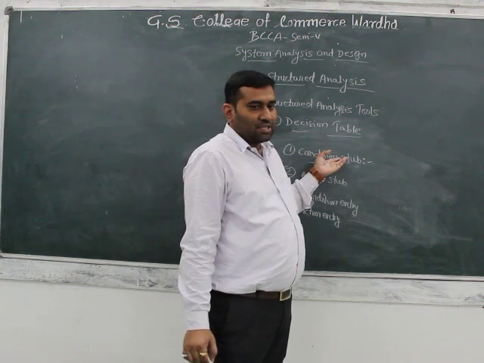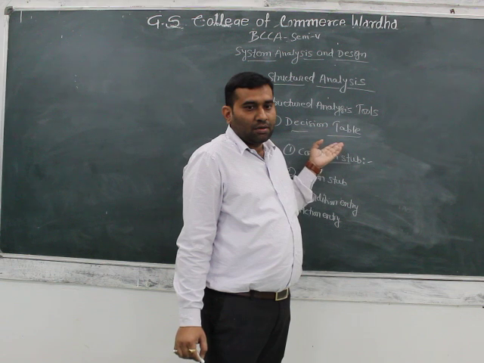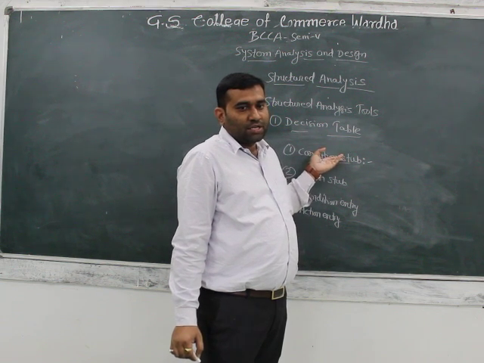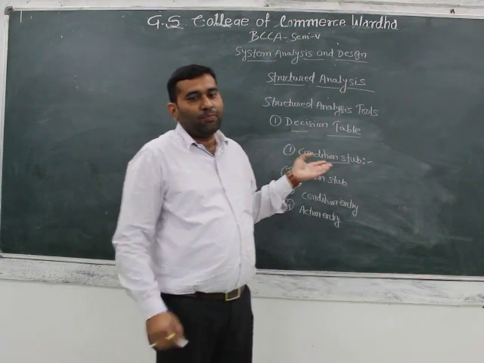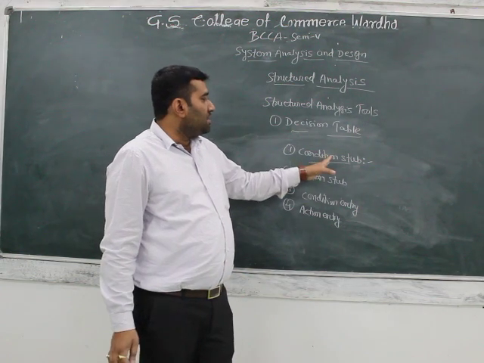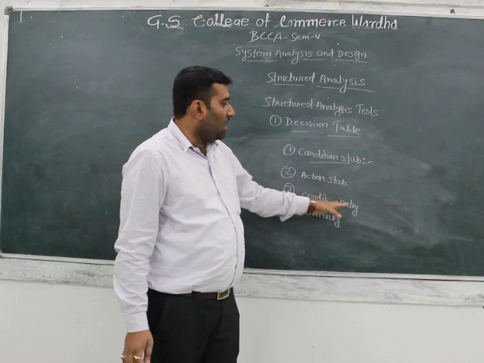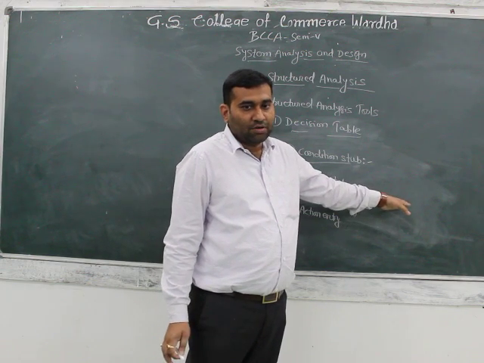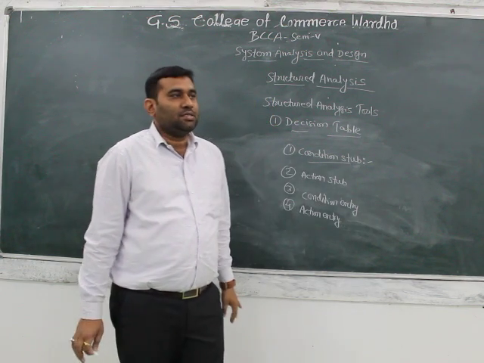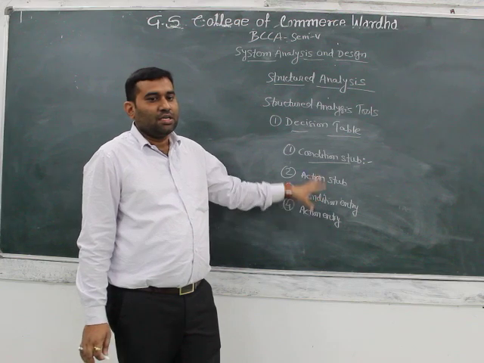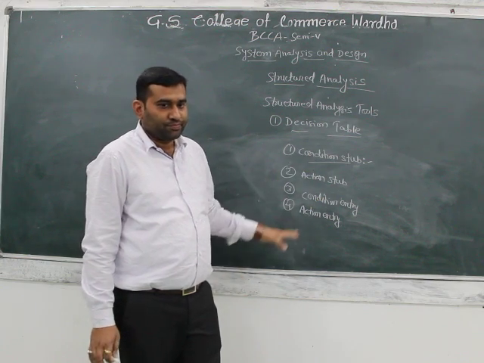Which questions are asked in the condition stub? The condition entry is found in the upper right quadrant, which provides the answer to the questions asked in the condition stub.